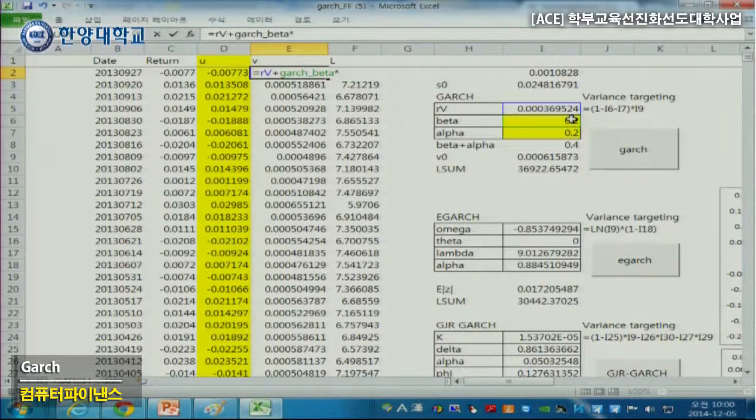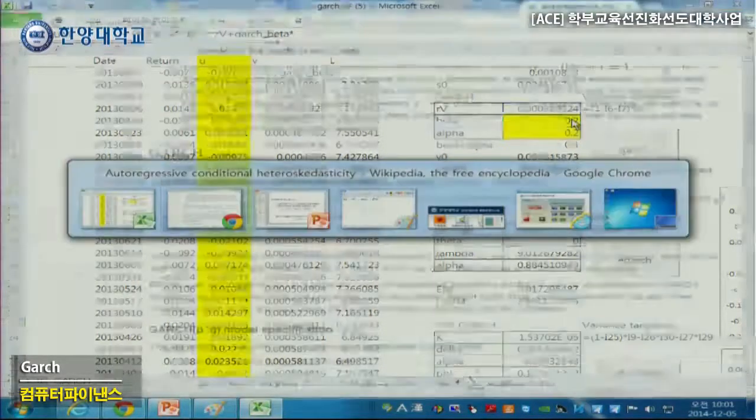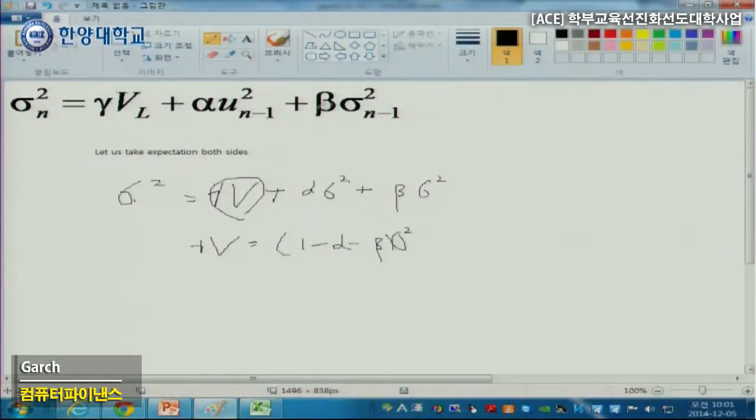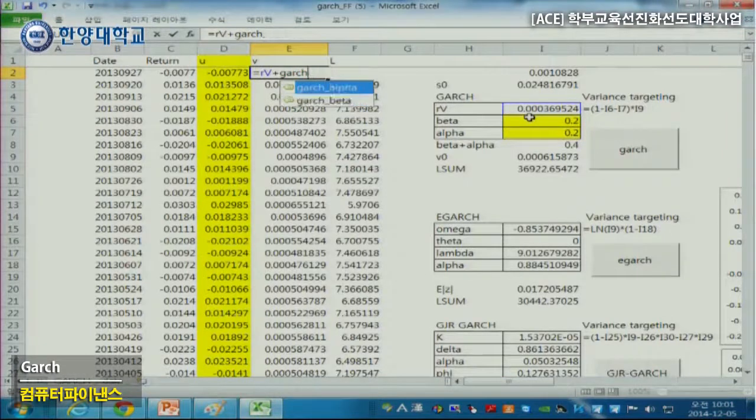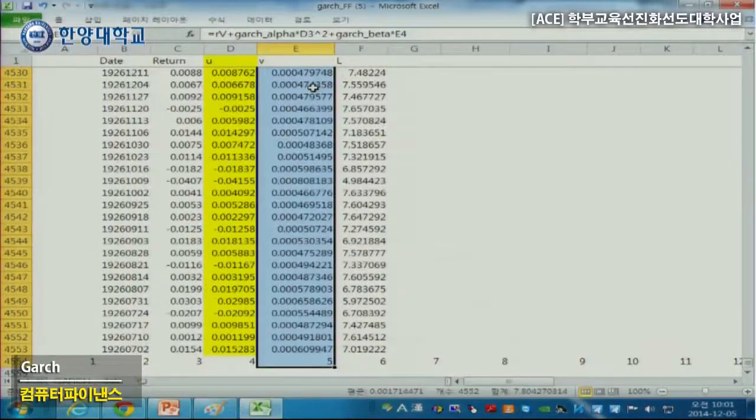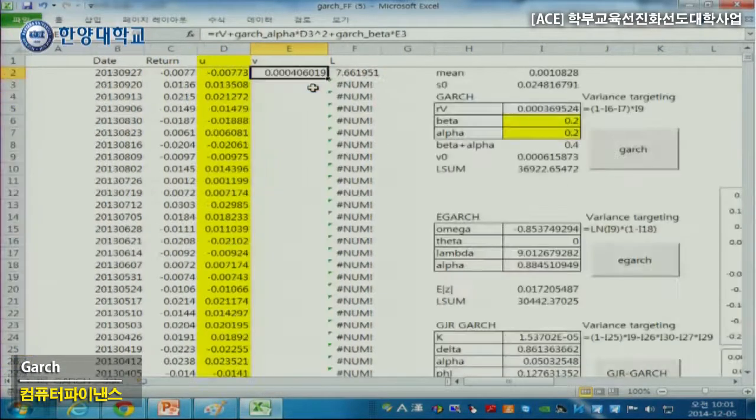Let's start from our equation. We have alpha multiplied by u square, yesterday's u square, plus now beta multiplied by yesterday's beta. Something like this.